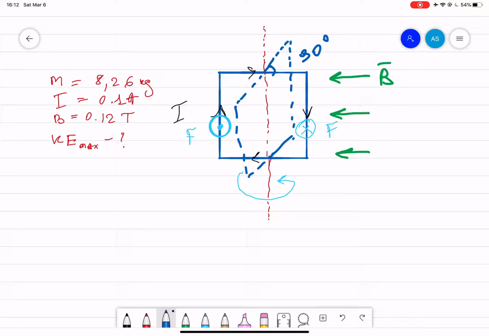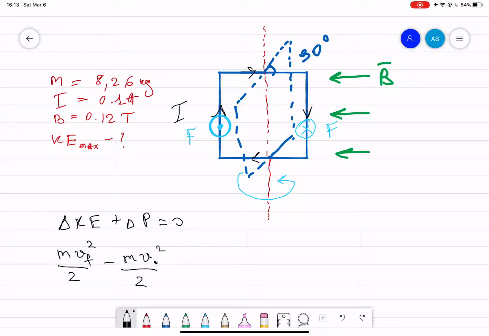Okay, now let's start solving it. We know that the change in kinetic energy plus the change in potential energy is equal to 0. Now, the kinetic energy initially: it was not moving, so I would say it's mv final squared divided by 2 minus mv initial squared over 2.